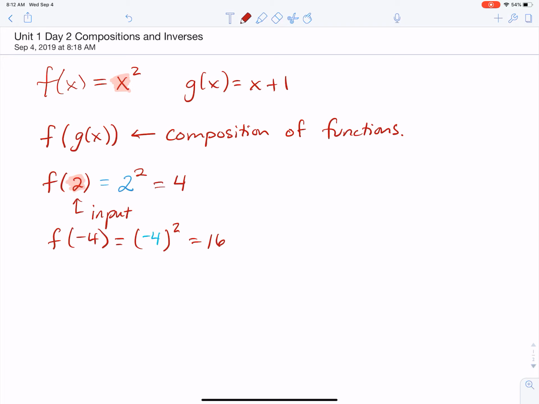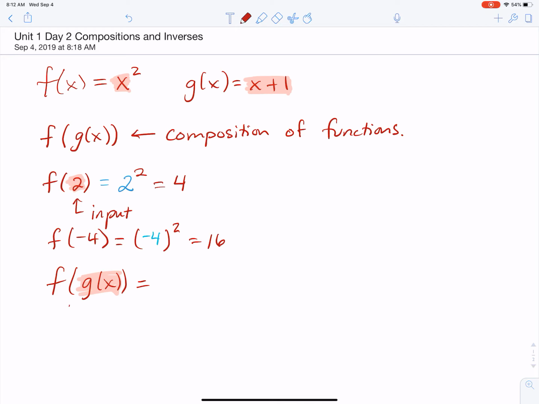So a composition of functions simply means that you would take this entire function, x plus 1, and you would substitute that whole function into the input. So if I ask you to do f of g of x, you are going to take this entire function, g of x, which we are given in the problem is x plus 1.